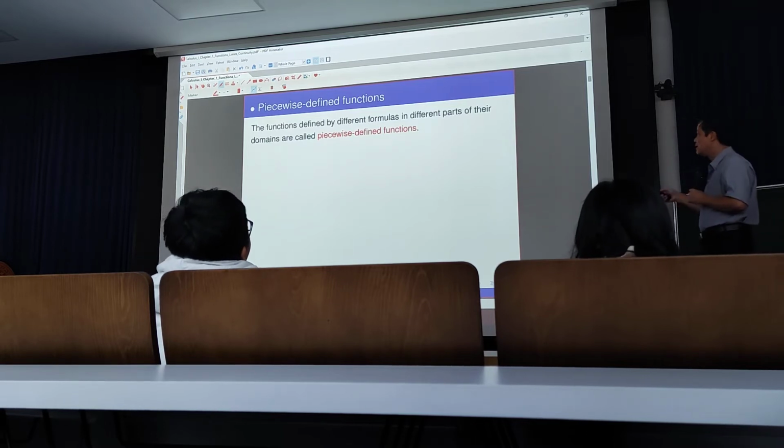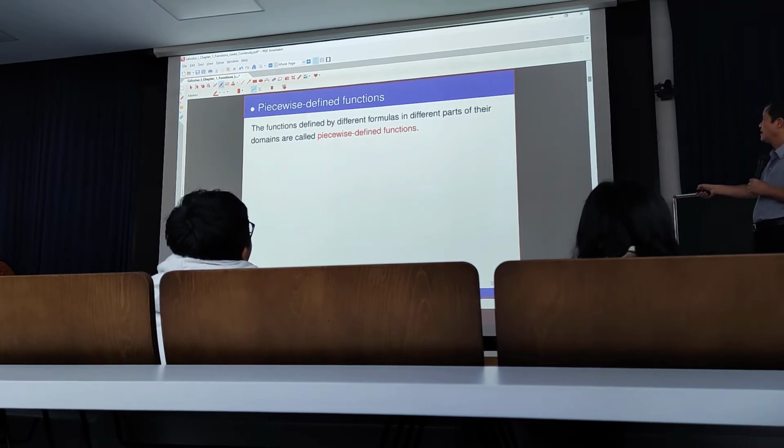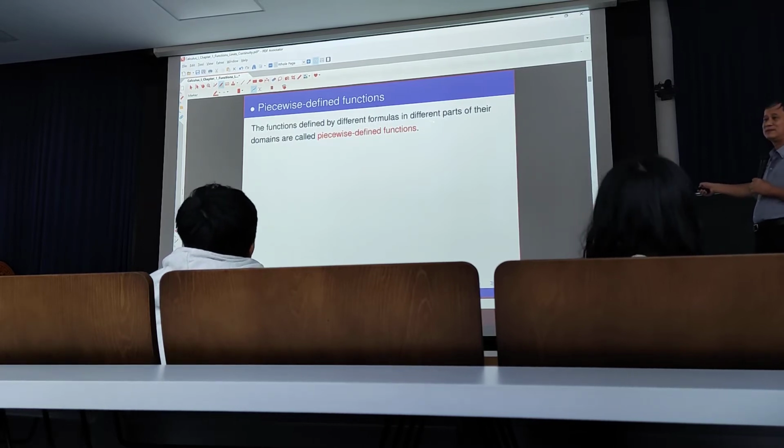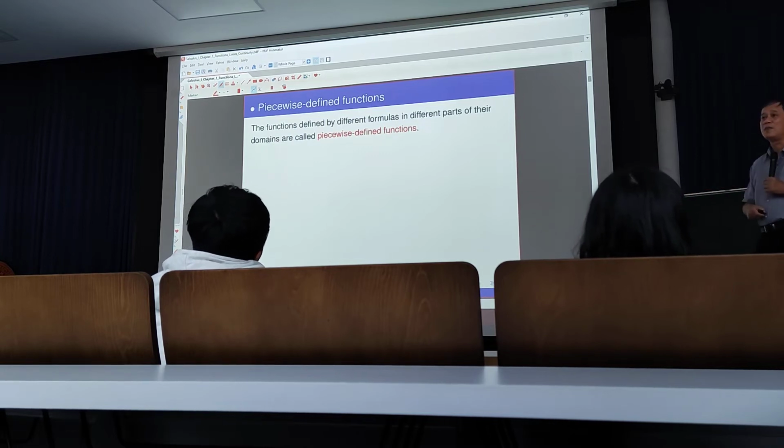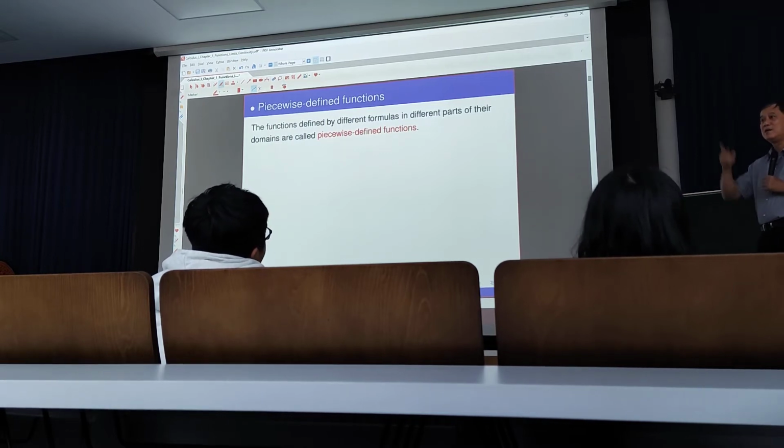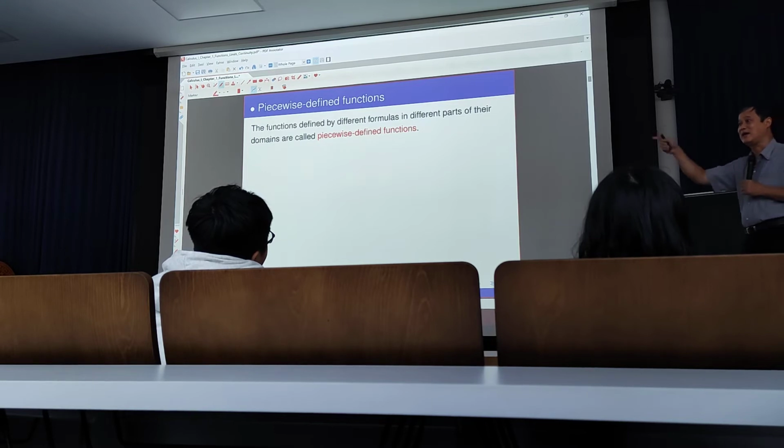What does it mean? It means that a function is given in different parts of its domain by different formulas. Em không biết là f(x) bằng x bình phương, mà f(x) bằng cái gì đấy với x như thế này và bằng công thức khác với x khác đi.